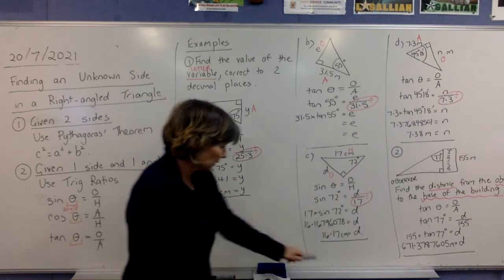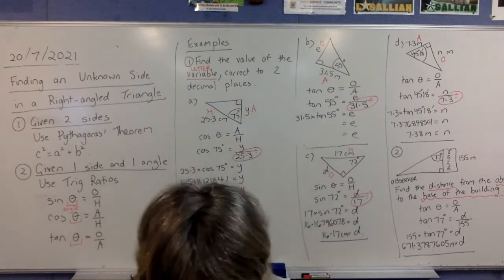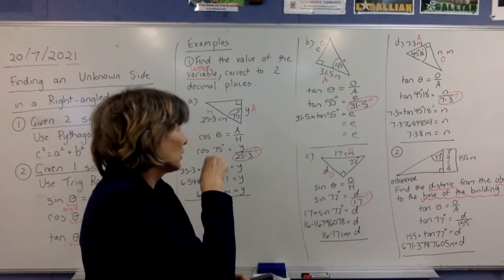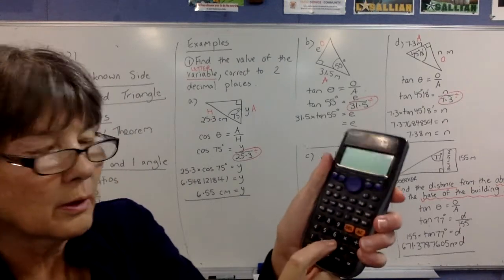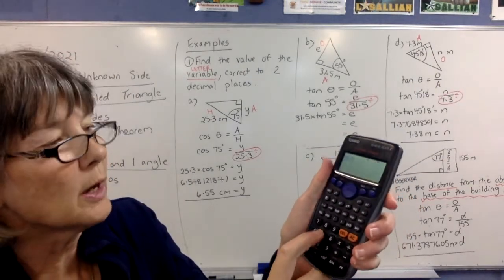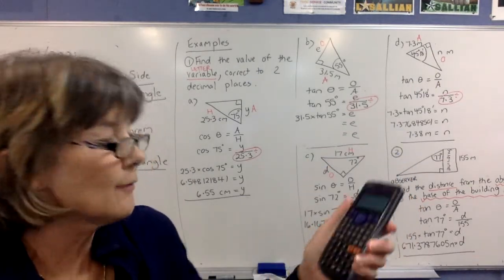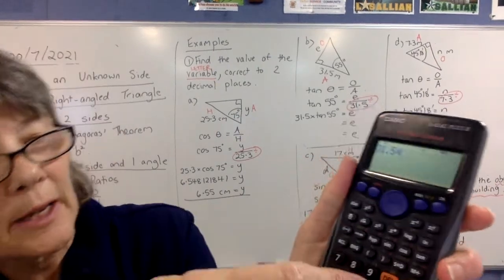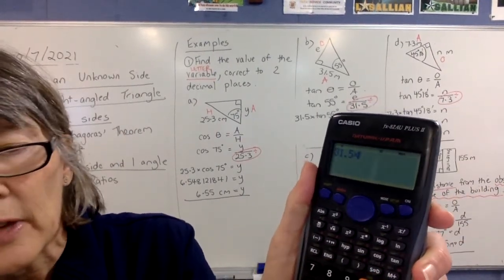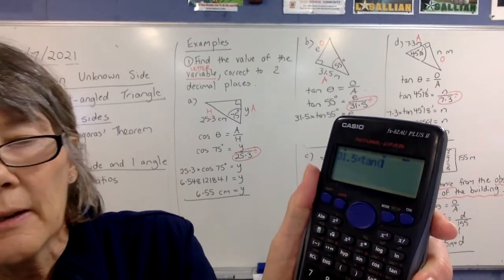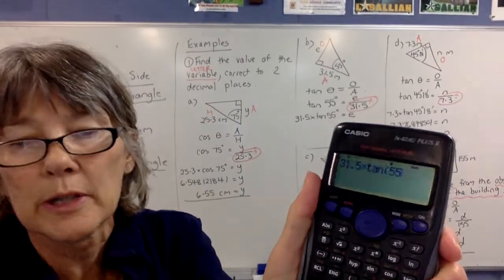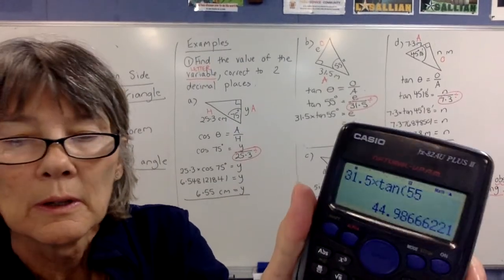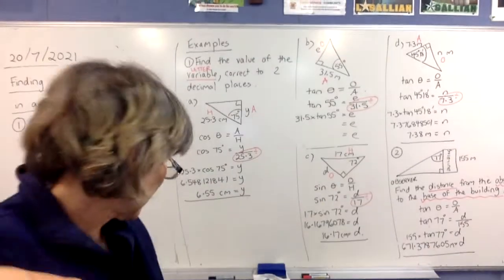So when we go to the calculator, we've got 31.5 times tan 55. The tan key is in that same row, the tan's over here. So press tan 55. As I said before, you don't have to close that bracket off, just press equals. And that's our answer. I'll write that on the board.